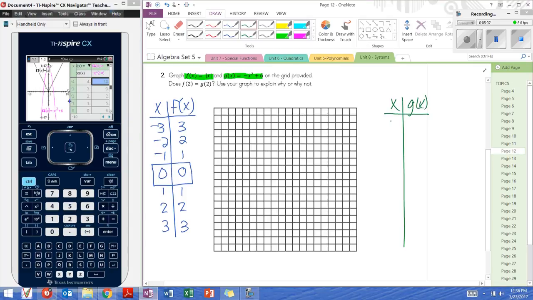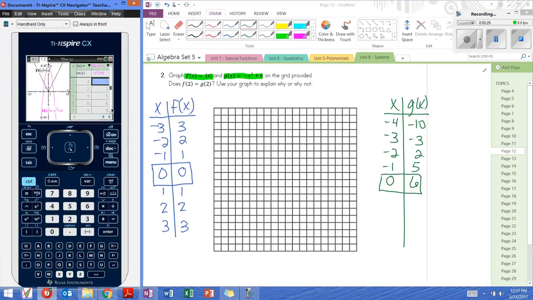Yeah, let's start with this. -4, -10, -3, -3, -2, 2, -1, 5, 0, 6. There is my vertex, and I know this because I can see the repeating Y pattern happening.